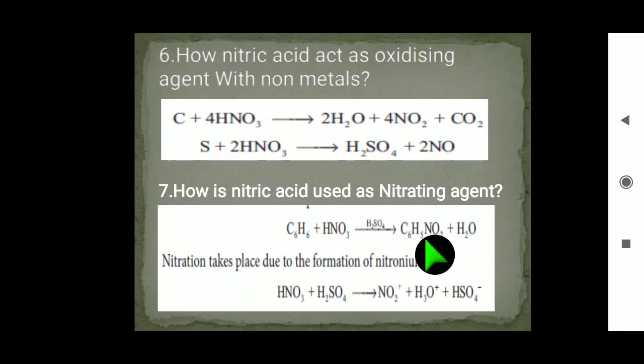So C6H5NO2, the compound name is nitrobenzene, and water will form. How the nitronium ion comes out from the nitrating mixture, nitric acid and sulfuric acid, is given. NO2+ means nitronium ion.